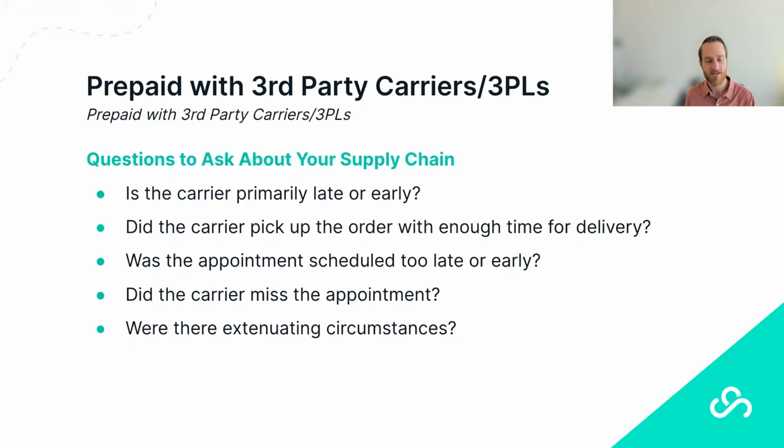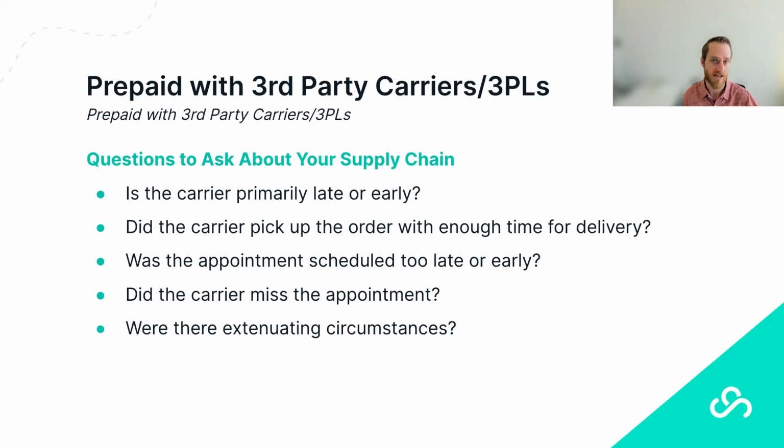And as some follow-up questions that you may want to talk about with the carrier: is the issue seeming to be late or early? Is the carrier given enough lead time to actually get it to the DC on time? Hopefully the carrier can help you identify that. Another thing we look at is, when was the appointment scheduled?